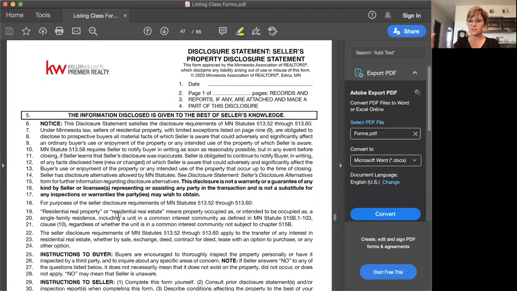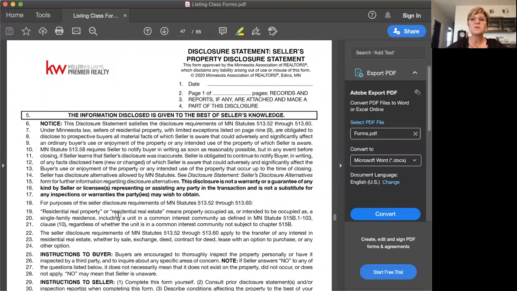Get an inspection if you want, or all parties agree to just waive the right of disclosure, right? That's a class in itself we should do just on the alternatives form, because there's some risk with that. But if your sellers live in that property and they know enough about that property, they should be using this form more often than not.